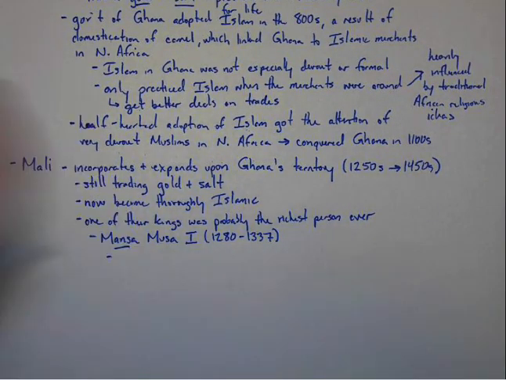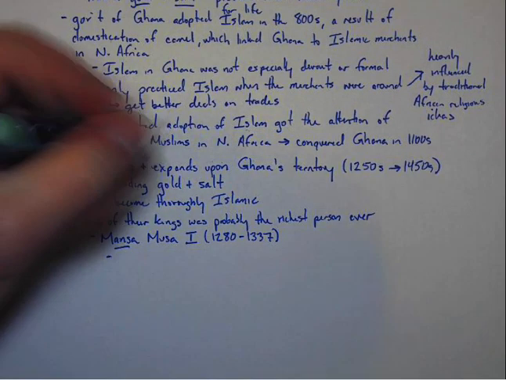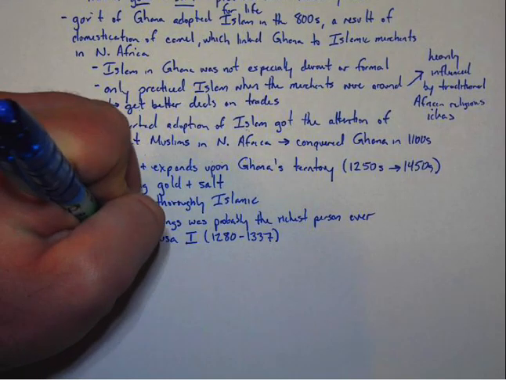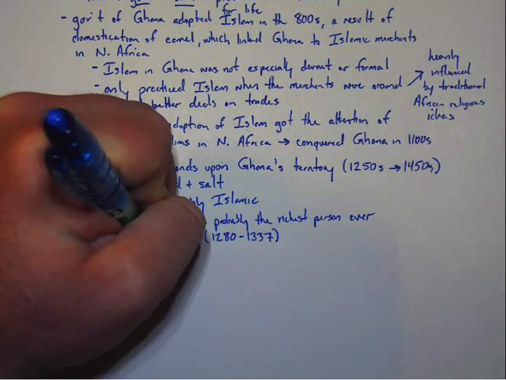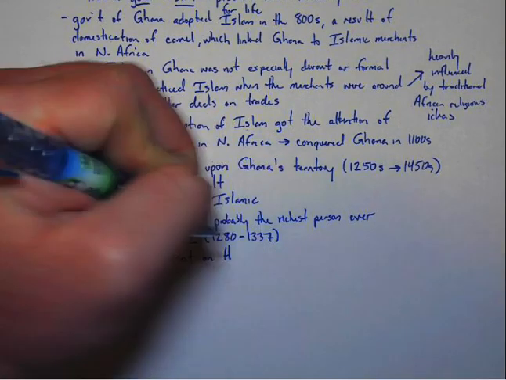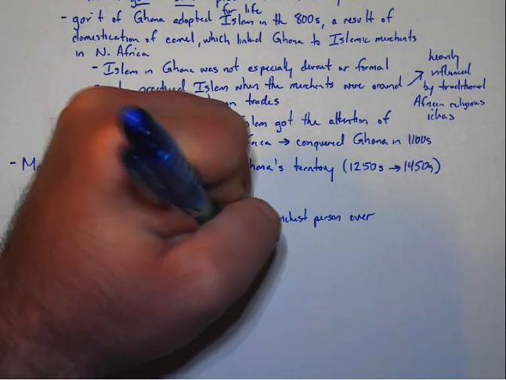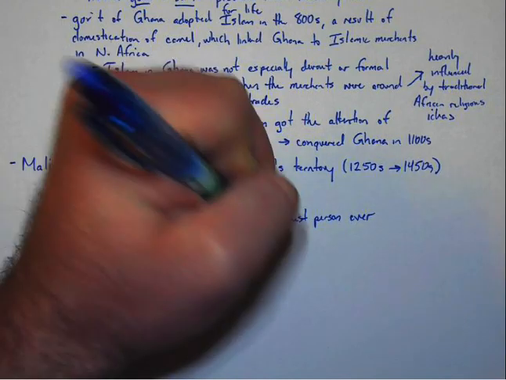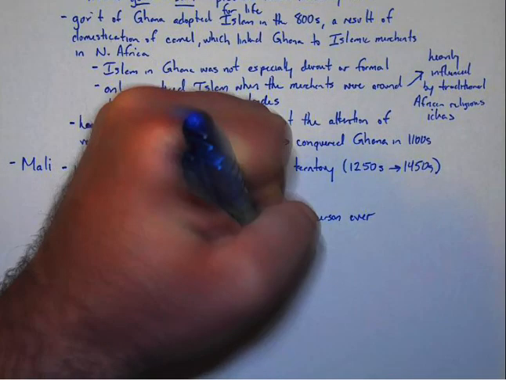Now, one of the reasons we know that Mali at this time was very Islamic is because Mansa Musa was very devout, and he went on the Hajj in 1324.